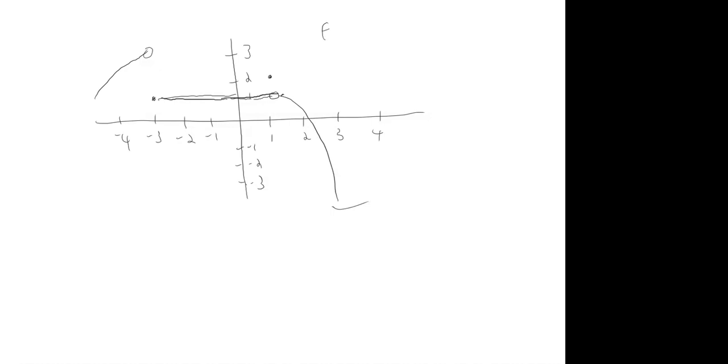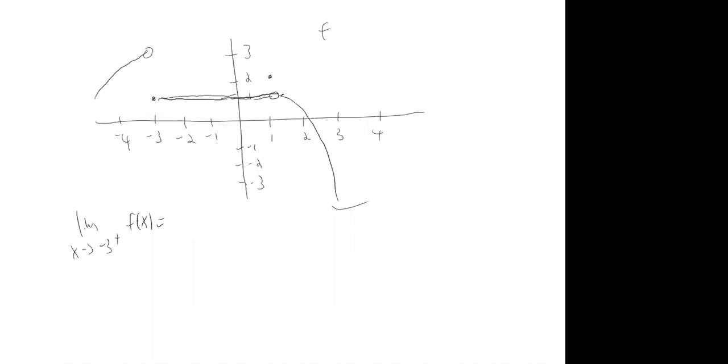As a class, let's figure out some stuff. Let's figure out the limit as x goes to -3 from the right. What is this? It's not -1, and it's not -3 either.